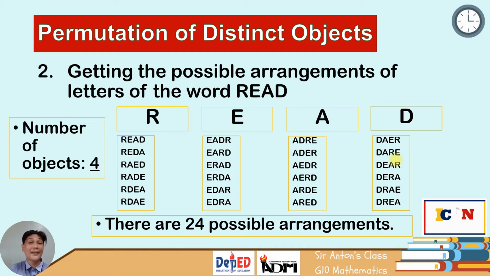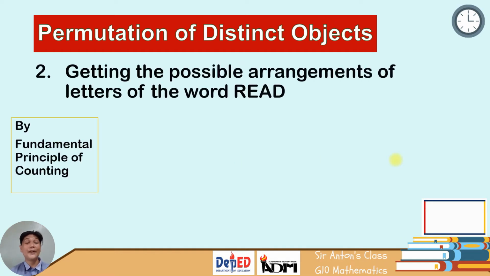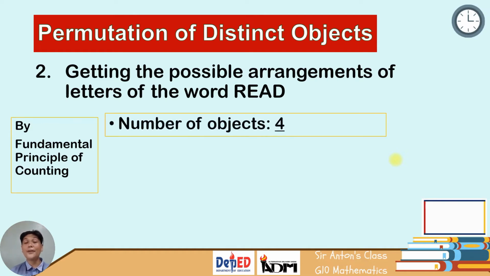That's a systematic listing. Let us make use of the fundamental principle of counting. So we have there number of objects 4. Then we have the letters R-E-A-D. So at first we have 4 letters to choose from.